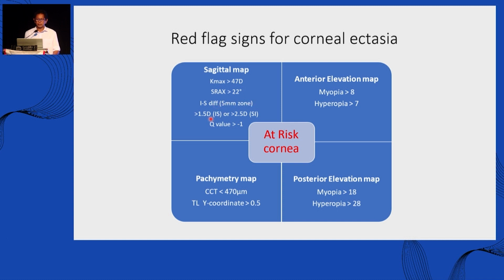If it is inferior steepening, it has to be over 1.5, if it is superior steepening, 2.5, and a Q value over -1. Anterior elevation maps look at the myopia over 8, and posterior elevation map myopia over 18, and pachy maps the corneal thickness less than 470, and the thinnest point Y coordinate displacement of more than 0.5 is suggestive of ectasia.